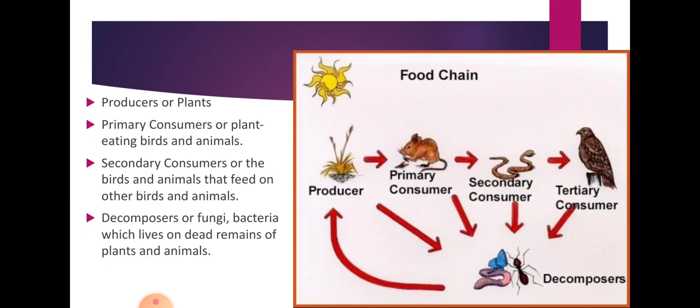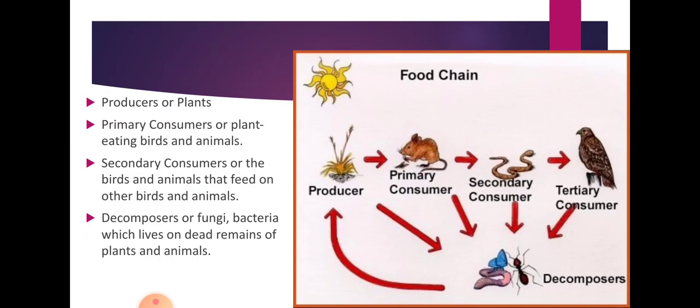Now the last is the decomposer. What are decomposers? Decomposers are the microorganisms, bacteria, which decompose the dead bodies of those producers, primary consumers, secondary consumers, and tertiary consumers. So they decompose the dead remains of those things.